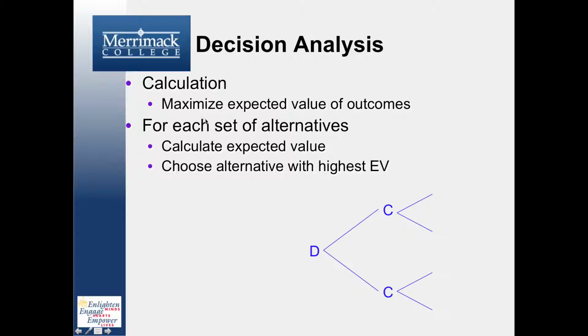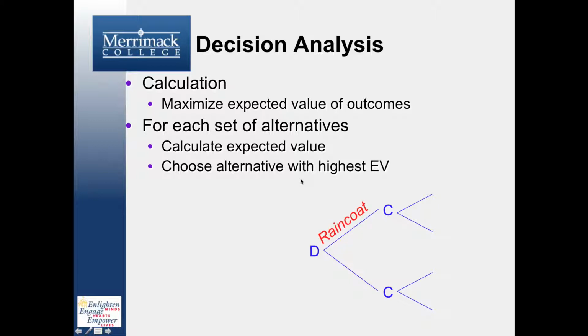I can calculate the expected value of outcomes given a sequence of decisions and chance happenings. For each set of alternatives, I can calculate an expected value, and I can choose the alternative that's best, the best value for me.